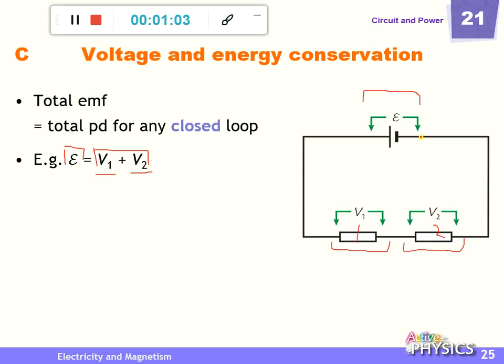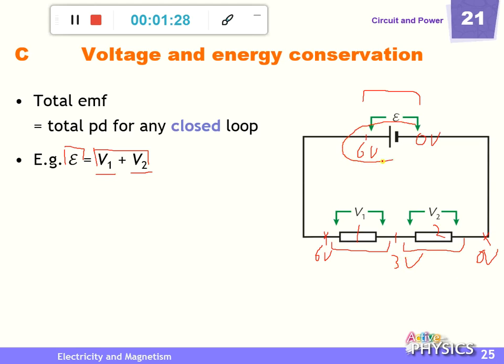I give you an explanation. For example, this one is 6 volt, this one is 0 volt. Here also 6 volt, and this one is 0 volt. If I say both of them are the same, then between 6 volt and 0 volt you can divide it into 2, so this one is 3 volt. Can you see it?